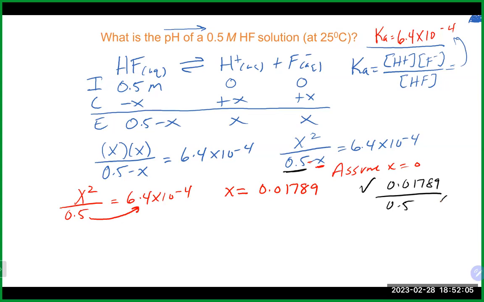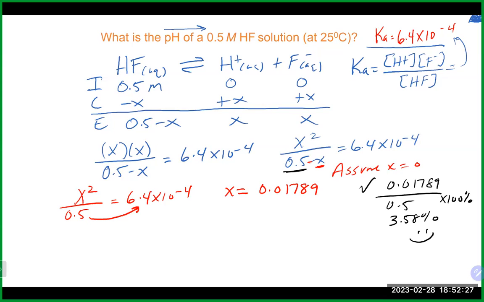And we times it by 100%. If we do that, divided by 0.5 times 100, we get something like 3.58%, which is good in this case, right? So remember, we're going with the 5% rule. So if it's less than 5%, we're all good to go.